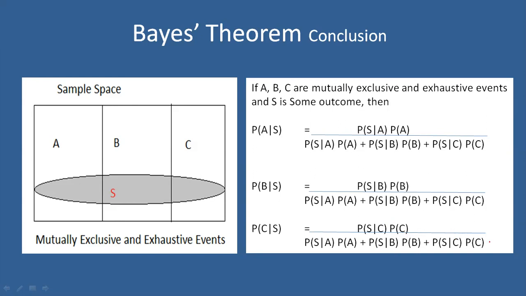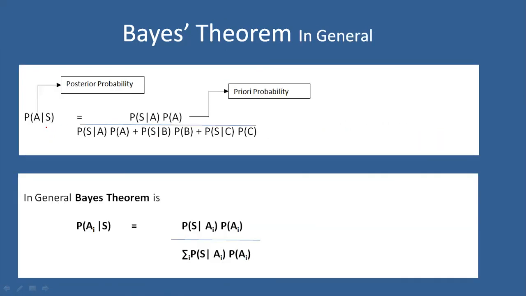So we call this P of A given S the posterior probability. That is the probability we calculate, and the probability we are using, that is the already known data, P of S given A and P of A, we call the prior probability.